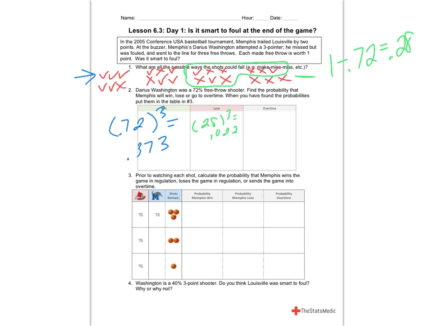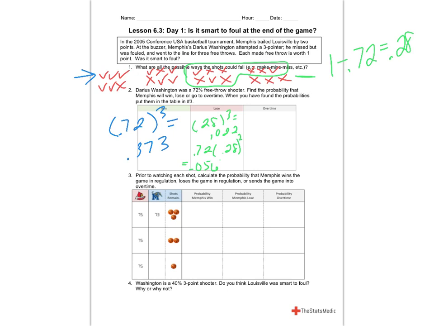0.022. But then he also could have 1 make and 2 misses. So he has 1 where he makes it, 2 where he misses it, and that probability is 0.056. But you have to remember there are 3 possible ways that he can get that, so we need to combine those together.